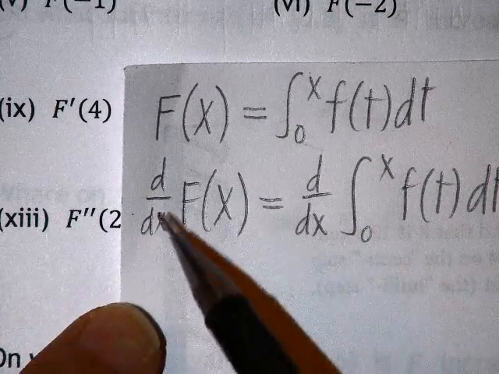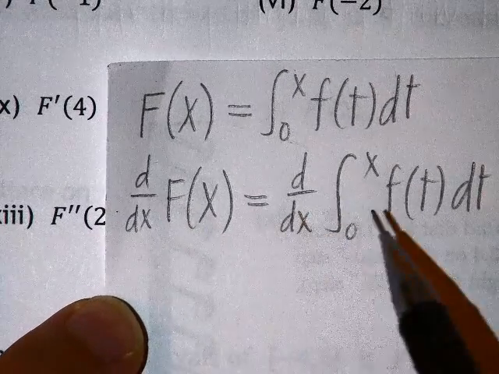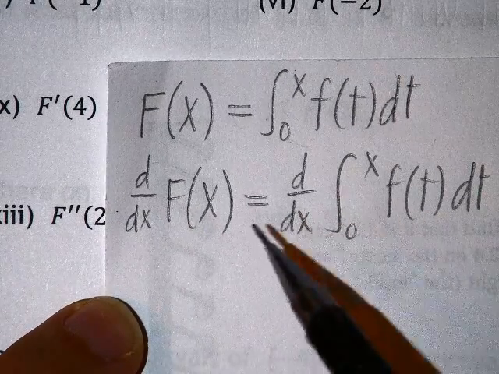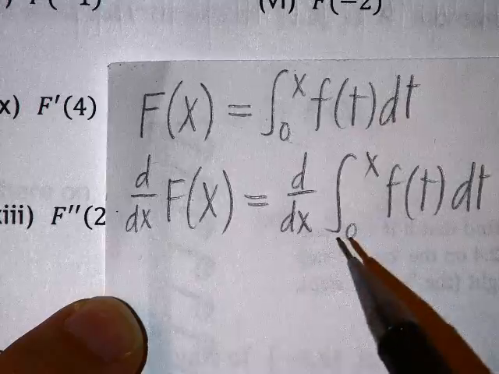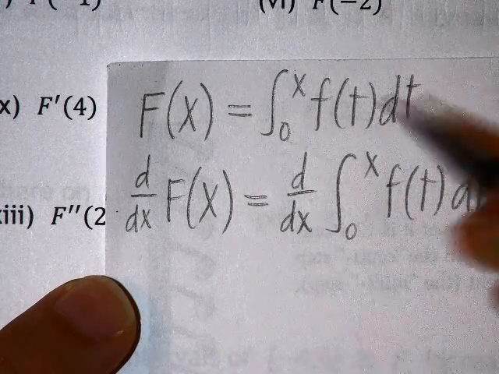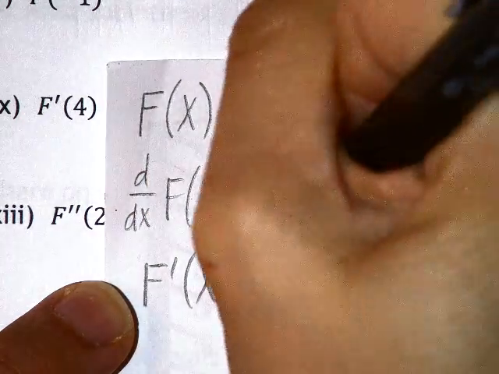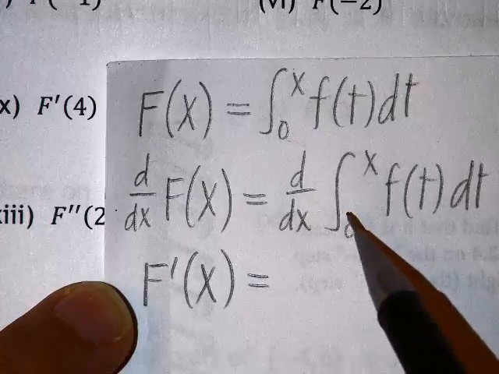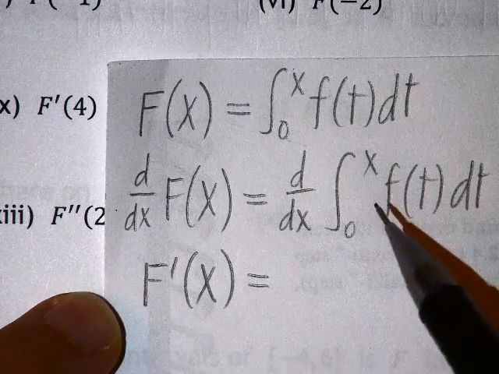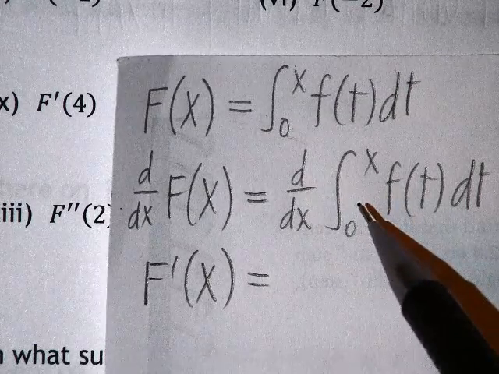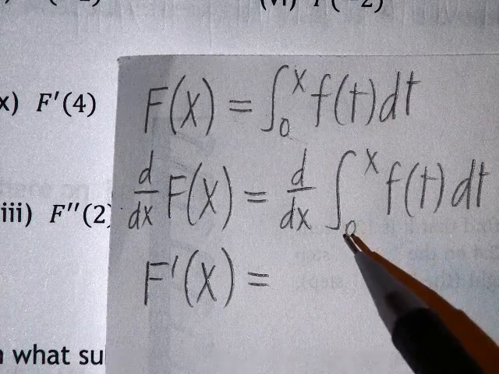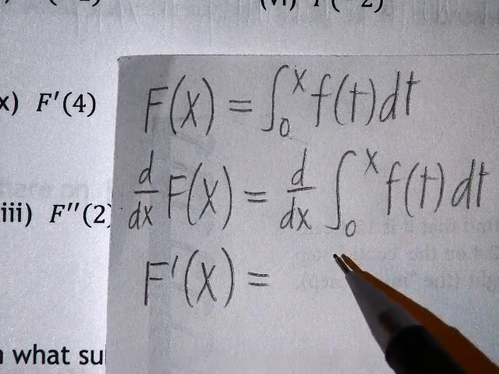I used the d/dx notation just because that was how we looked at it when we did the second fundamental theorem of calculus in those previous lessons. But if you want to switch to prime notation, that's fine. F prime, the derivative of f, is the derivative of the integral. And we've seen this before. A derivative of an integral cancels each other out. That's the whole beauty of the fundamental theorem.